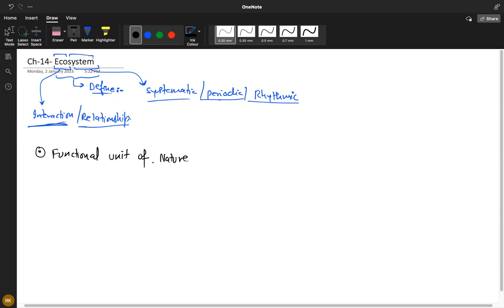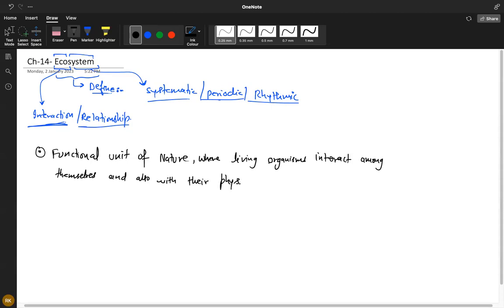So basically, ecosystem is the functional unit of nature, where, write down, living organisms interact among themselves and with their physical environment.